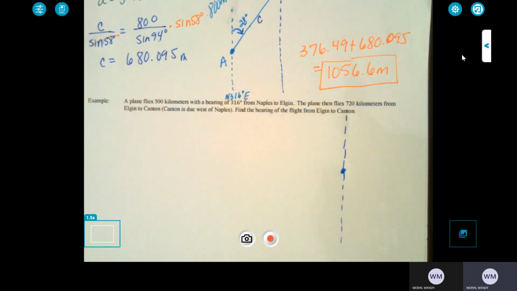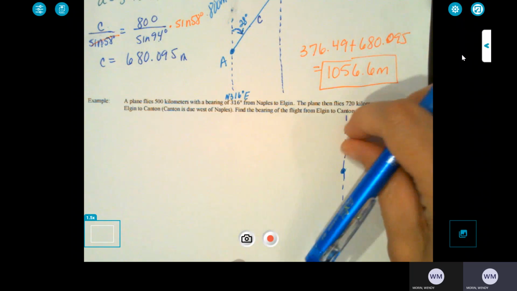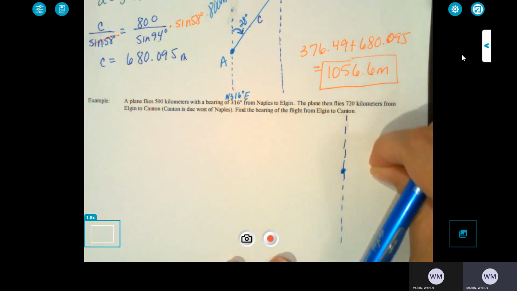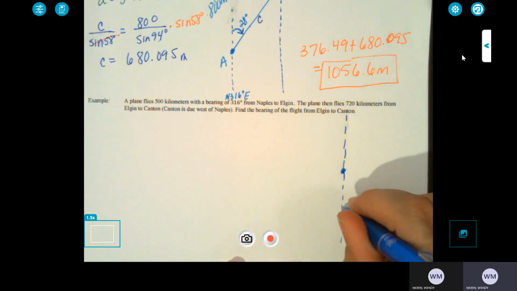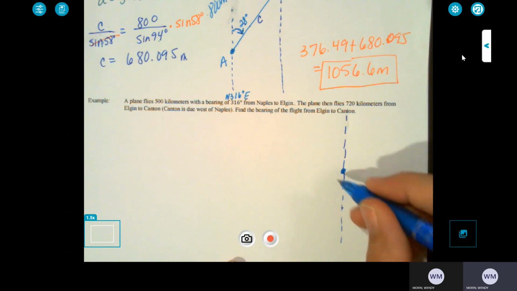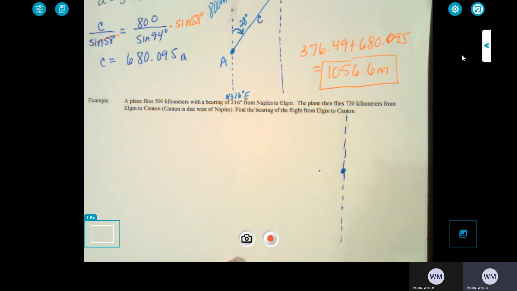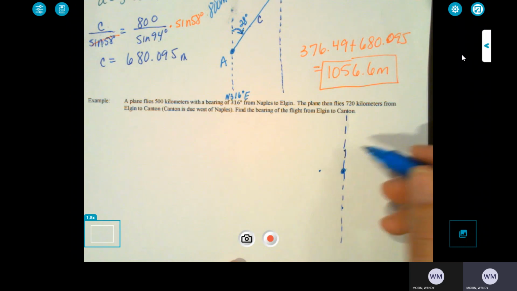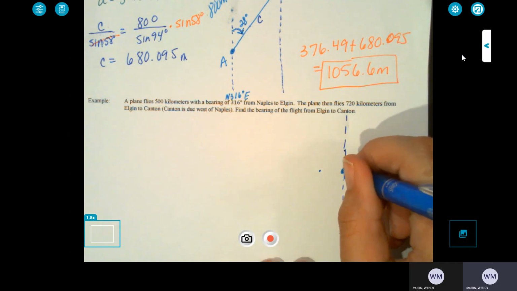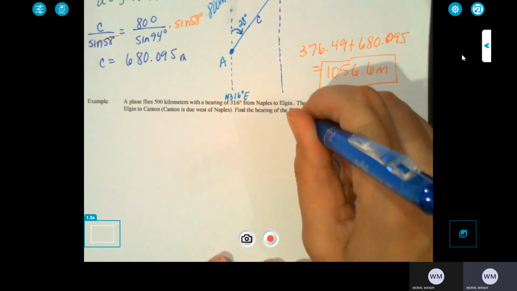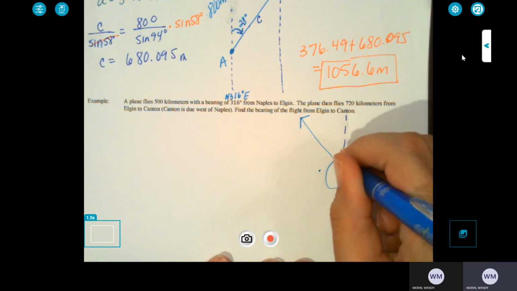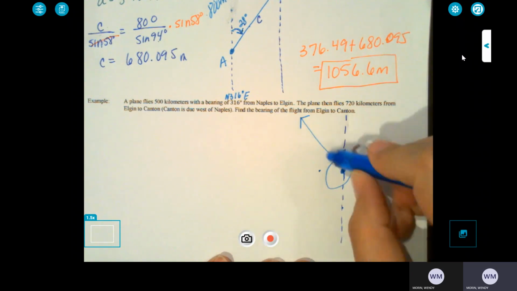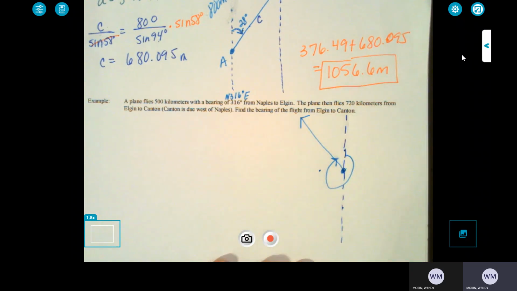Now, 316 degrees from the north, again, you're taking this north and you're rotating it. So if I rotate it all the way down here, that's 180. If I rotate it up to this point right here, that's 270, and all the way around is 360. Well, I want 316. So again, I'm just going to estimate that somewhere in this direction. All of that is 316 degrees.